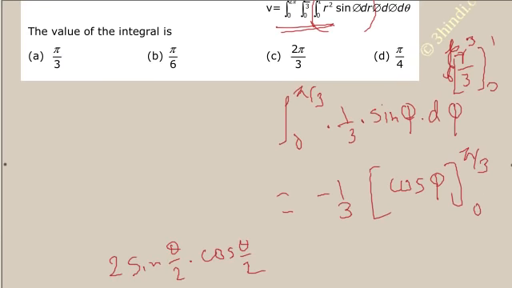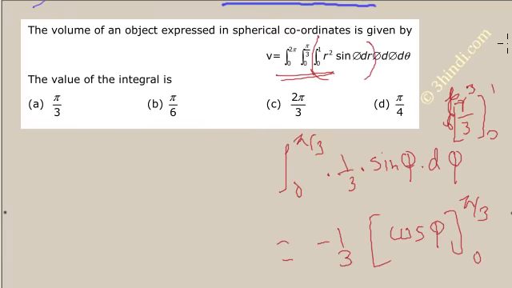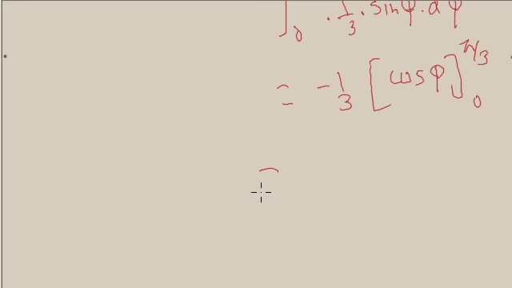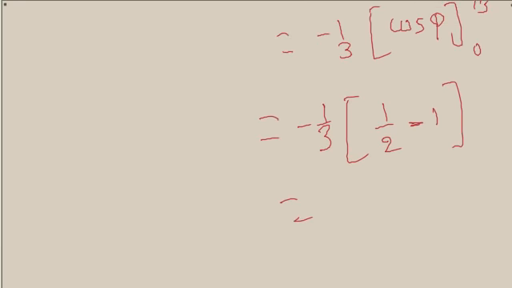So this is equal to minus 1 by 3 into cos 60 degrees, which is 1 by 2, minus 0, which is 1, so this is minus 1 by 2, so this is equal to 1 by 6.